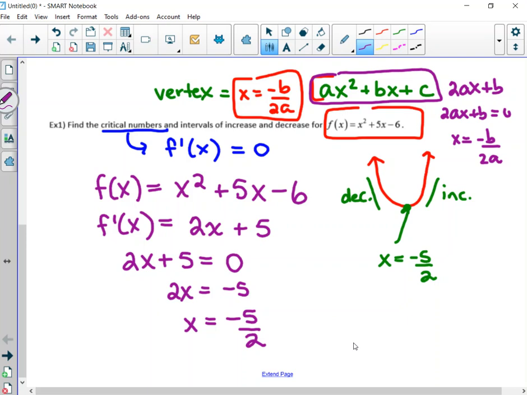So is everybody okay with how I determine negative 5 halves as my critical number? Okay. Using calculus, this is the equation of the function. I take the derivative, set it equal to 0, solve for x. That tells me that is the point where this potentially changes from decreasing to increasing.